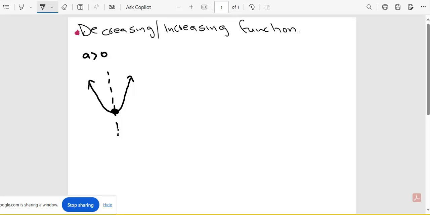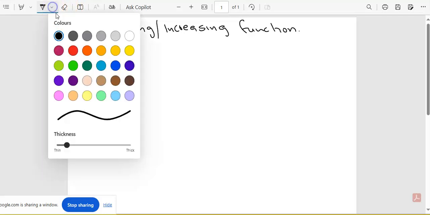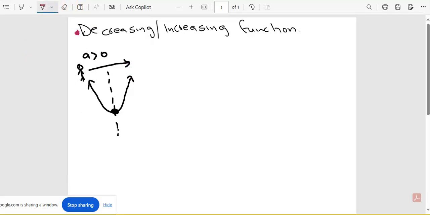So you are walking from left to right. This is your theory. You're going to walk in that direction. Can you see? So when you walk in that direction, can you see that once you get to this point, you'll be walking down the slope?